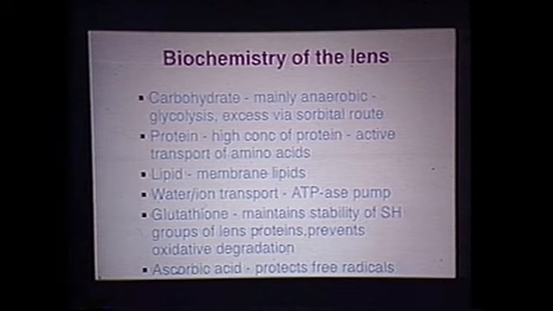The presence of high levels of ascorbic acid in the lens also helps to protect against free radical damage. So there are a number of features of the biochemistry which take place in the lens which are of extreme importance with respect to toxic damage.